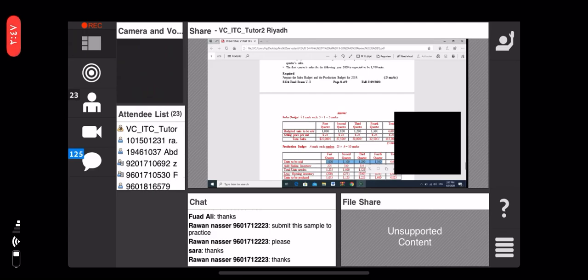Units to be sold plus ending inventory minus beginning inventory.